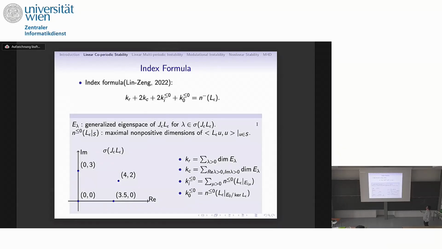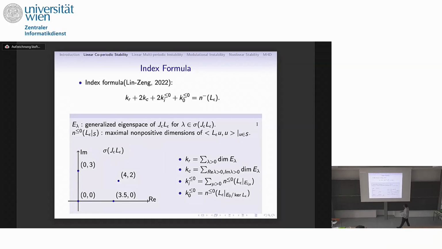Okay, now the left-hand side gives you a bunch of numbers associated to the eigenvalues of this operator JL. Remember, the spectrum of JL is what we want to find out. So there are four numbers on the left-hand side.